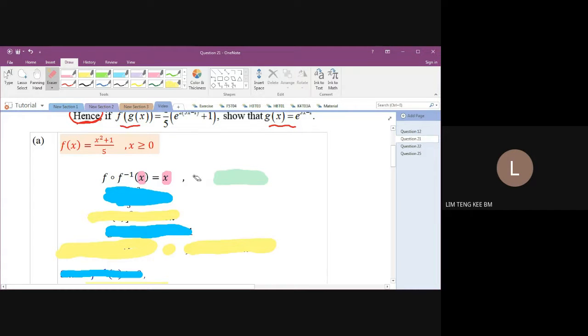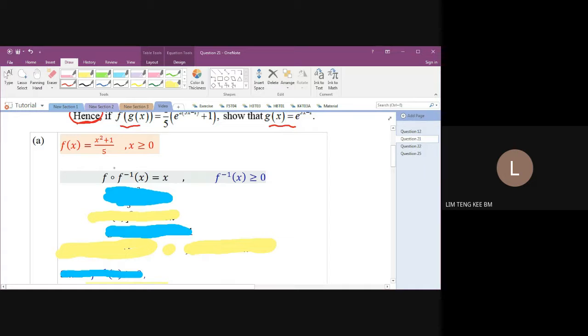Okay, go on. Before we go on further, I need you to realize that in the calculations of finding the inverse from a quadratic function, it's always important to note there is a condition. Here, the condition is f inverse is greater than or equal to 0. And how do I get this condition? So guys and girls, please observe carefully and listen carefully.